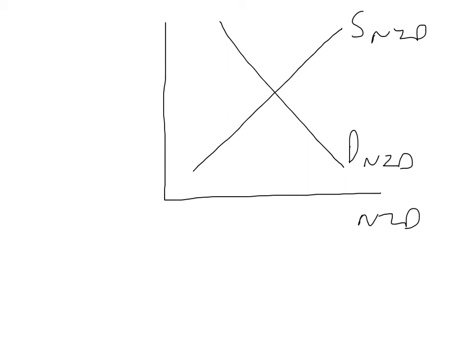So sometimes what I do to get a handle on this is I just put here, this is the seller of New Zealand dollars, this is the buyer of New Zealand dollars.